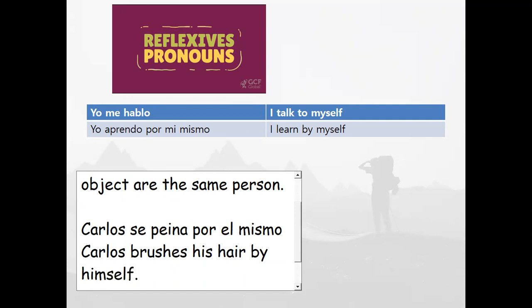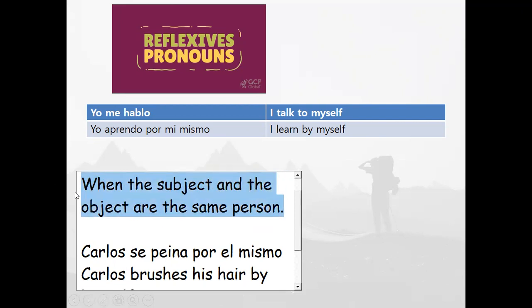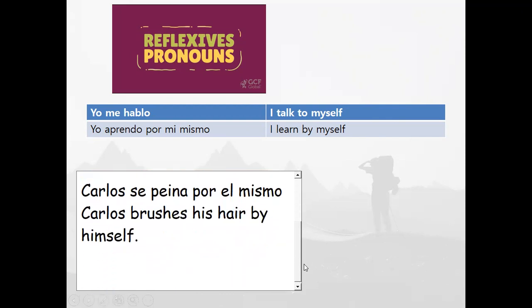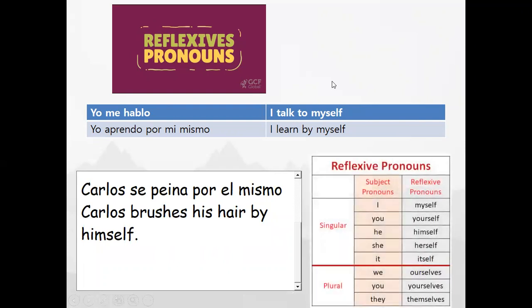This is an example of the situation when the subject and the object are the same person. Carlos se peina por él mismo, or Carlos brushes his hair by himself. That's how we use it.